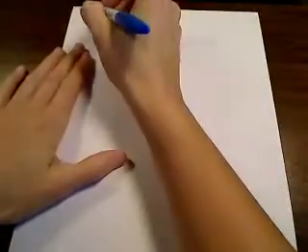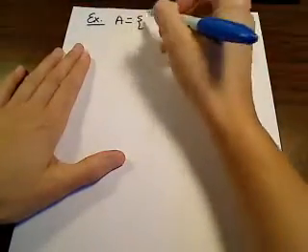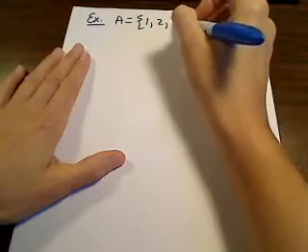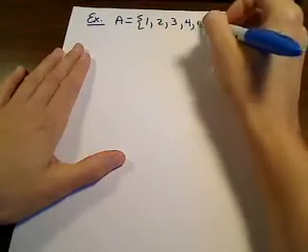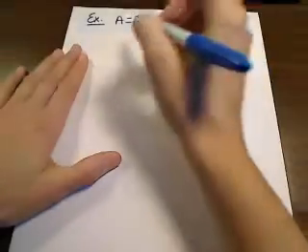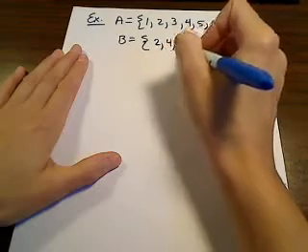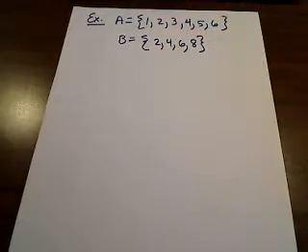Let's do an example of this. And so I guess I'm using the same set. Well, I guess it's a little bit different. So set A is the elements 1 through 6, and set B are the elements 2, 4, 6, and 8. Okay.